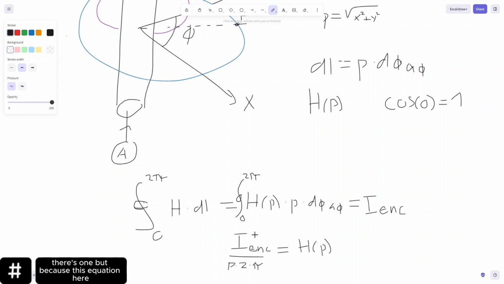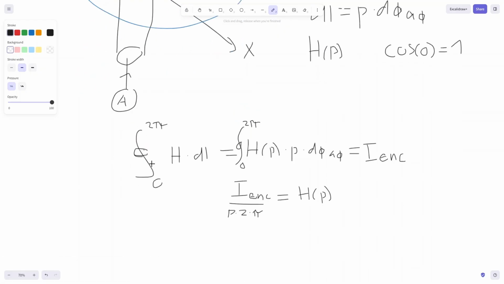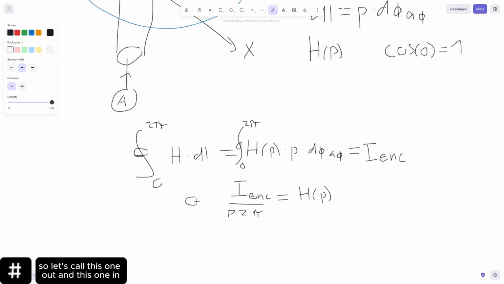There's one but, because this equation here only relates the field from the outside of the wire here to p, but when we're inside the wire, the field increases depending on the wire's radius too. So we can define the other integral from the inside of the wire, so let's call this one out and this one in.